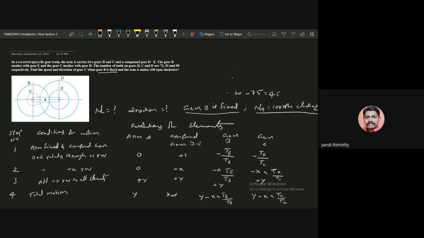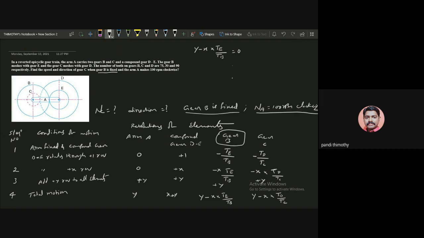When gear B is fixed, I have to go for the total motion of gear B, that is y minus x into TE by TB. That is equal to 0. Fixed means 0. That is condition number 1.